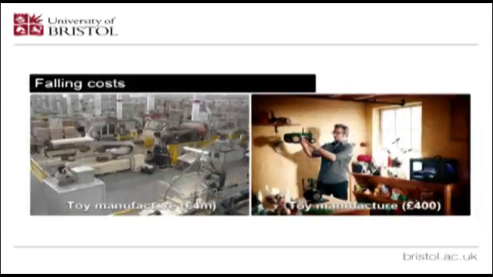Combined with that is the idea that we're seeing falling costs. For example, a toy manufacturer could expect to spend around £4 million for a machine which creates bespoke plastic parts, or you could do this in your garage for £400. Of course you're not going to be able to make as much output with your £400 3D printer, but it can work.